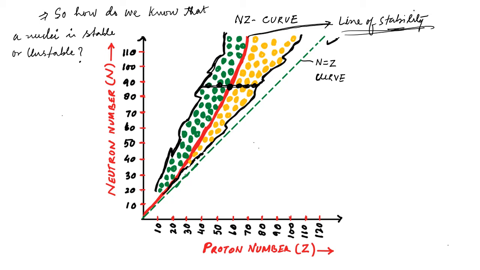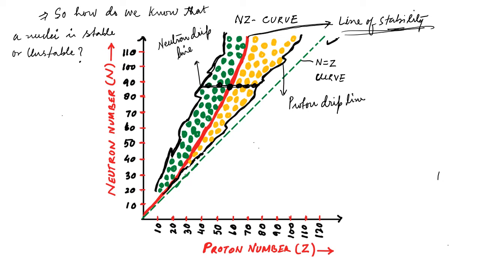All these nuclei are going to decay and undergo radioactivity. And we know that this line is known as the proton drip line, which I had already discussed, and this one is the neutron drip line.